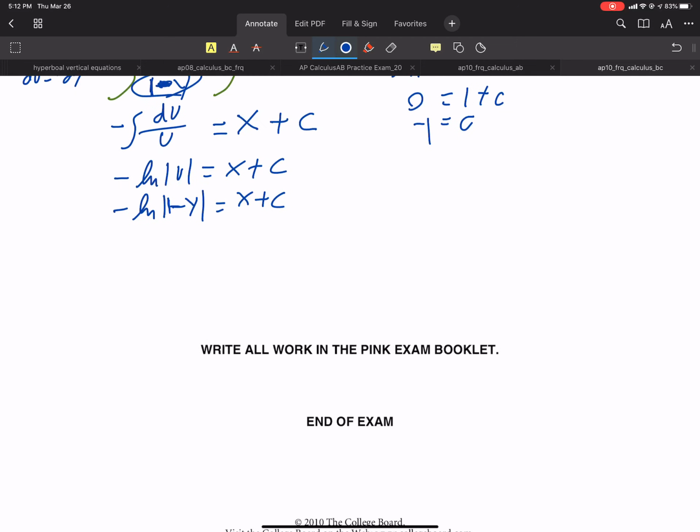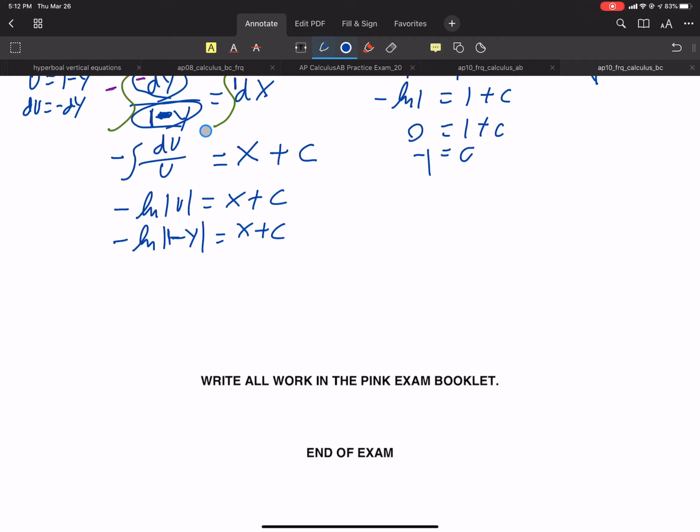So we get a point. Actually, you would have gotten a point for finding these antiderivatives. And you would have got a point, wow, I think for just putting c in this particular year. And then a point for finding the negative 1. Now we plug that in. We take this and plug it in there.